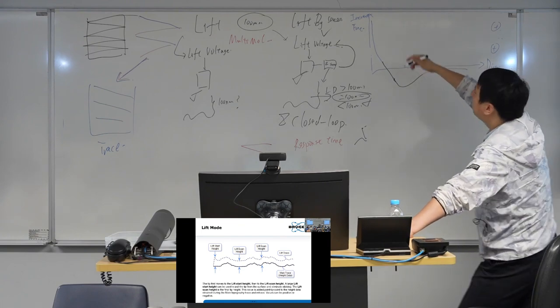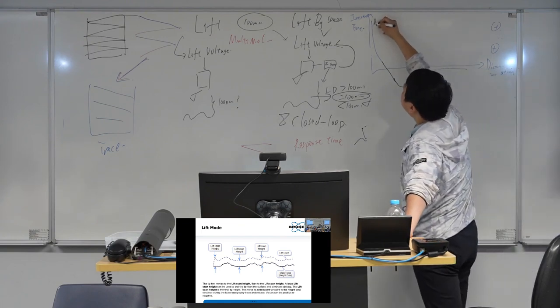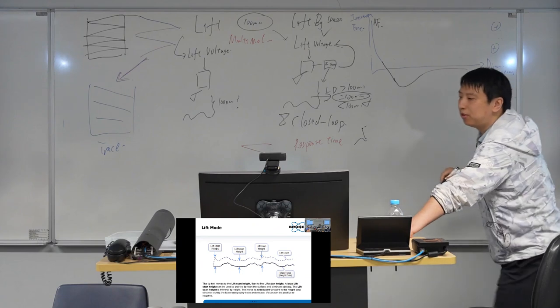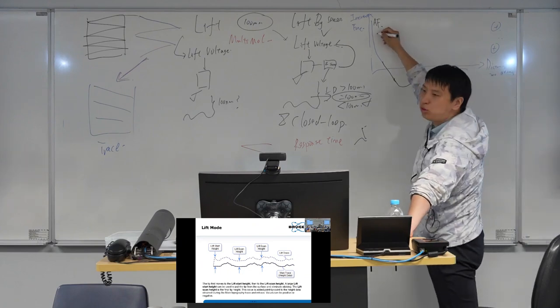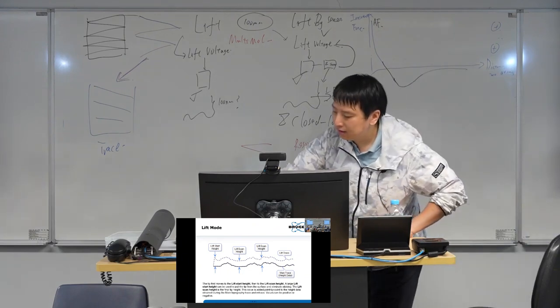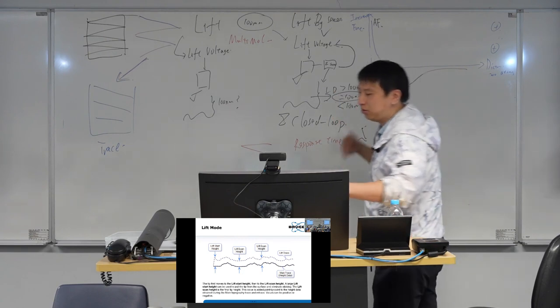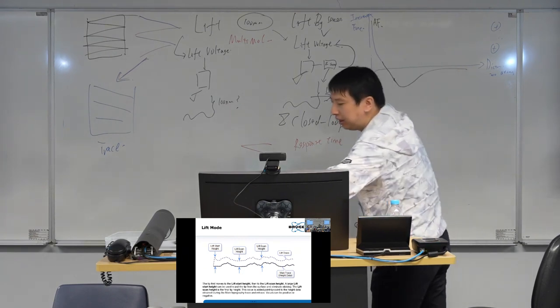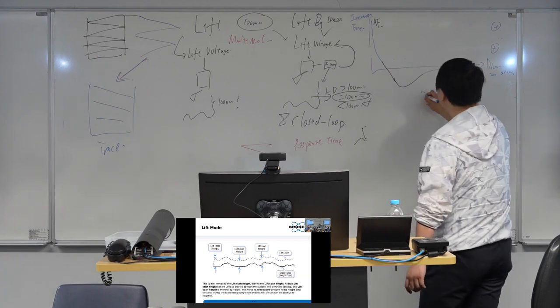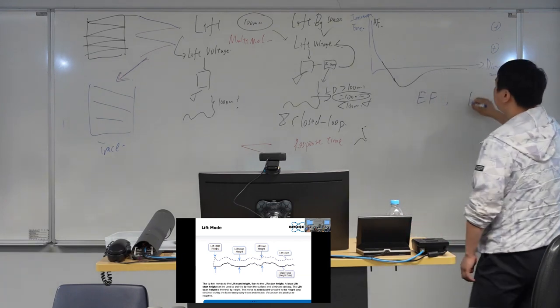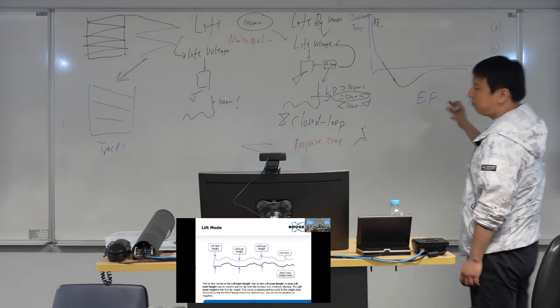This line we call AF, atomic force, and we know it's short range. And then we can go back to our electric field or the magnetic field.